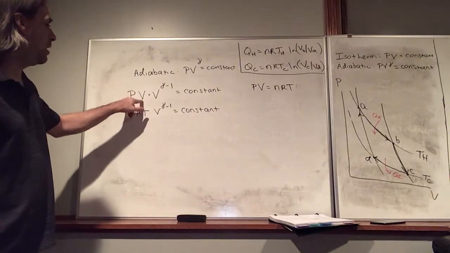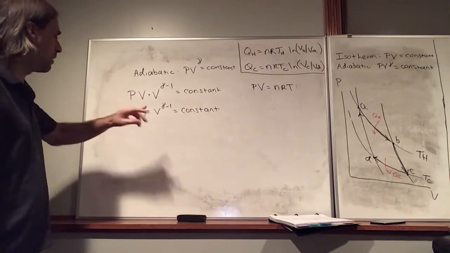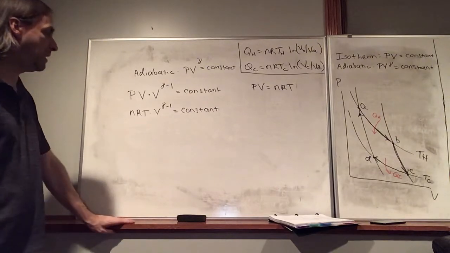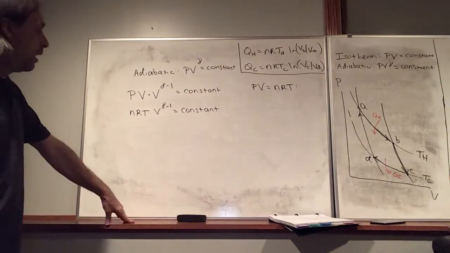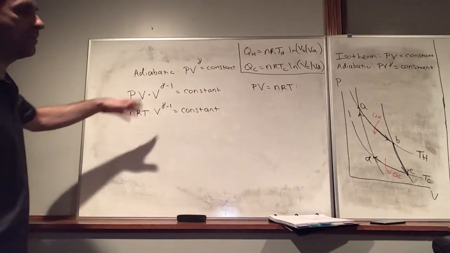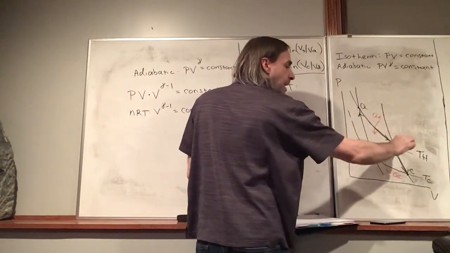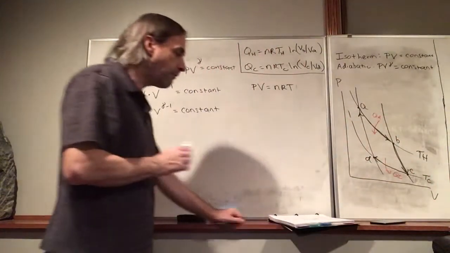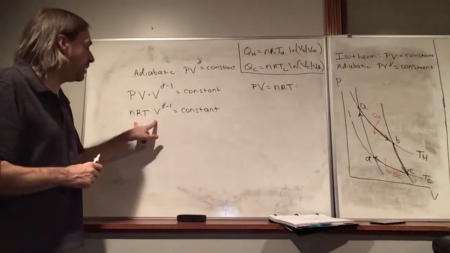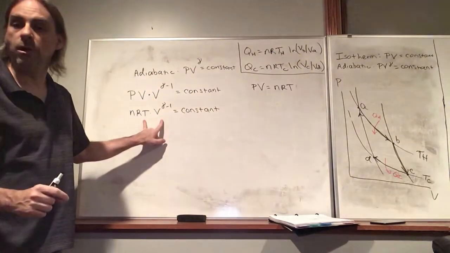So we factored out a PV, then replaced that with nRT. Okay, now again, this relation is true. Let's look at a particular adiabatic curve like this. This is an adiabatic curve, and this relation is true for every point on that curve.